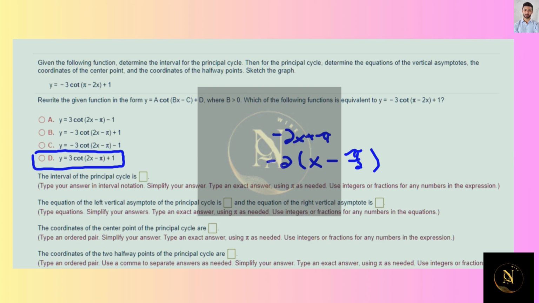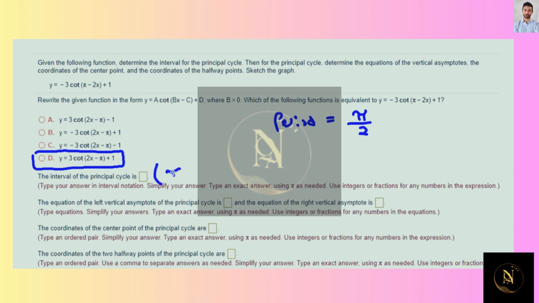The interval of the principal cycle, because of the horizontal shrink of 2, the period is originally pi, but with the horizontal shrink it's pi over 2, but then there's a phase shift of pi over 2 to the right as well, meaning it's going to go from pi over 2, let me write this clearly for you, to pi in its principal cycle.